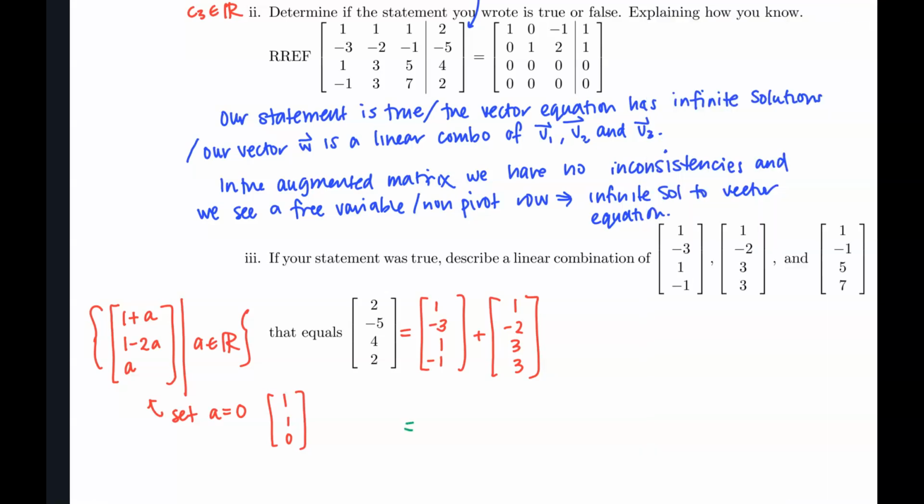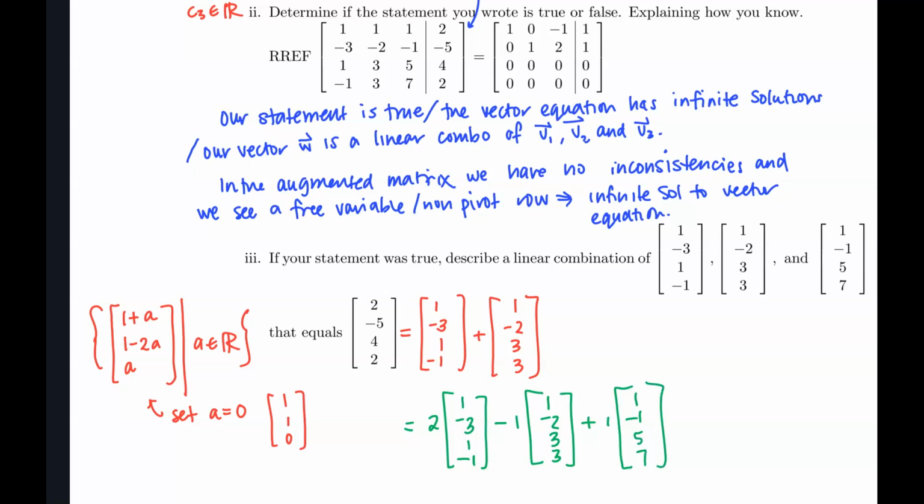So we'd have this equal to 2 of the first vector, minus 1 of the second vector, and then plus 1 of our last vector, which is 1, -1, 5, 7. So like I said, there are an infinite number of different correct answers here. There's also an infinite number of incorrect answers, but all it wants is a linear combination. So just one that fits this bill and gives us back out that vector we were interested in.